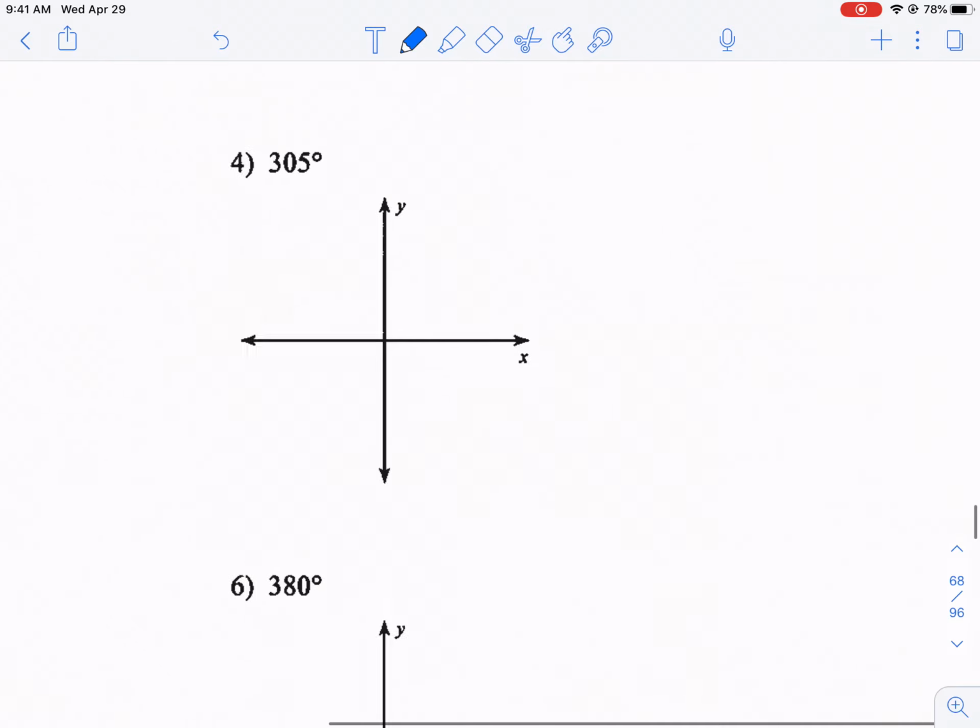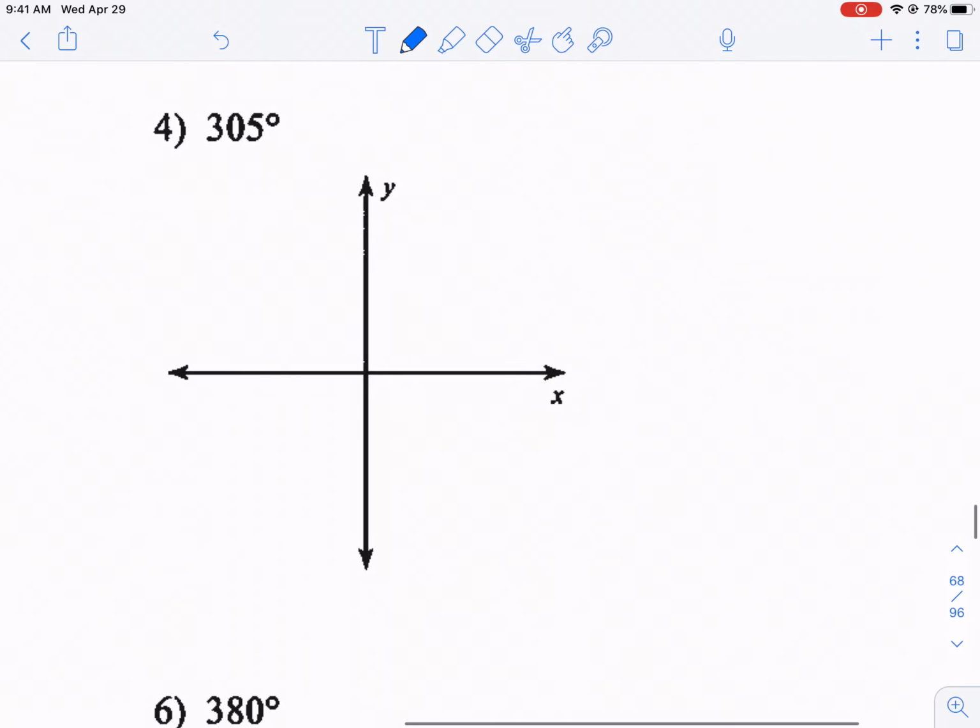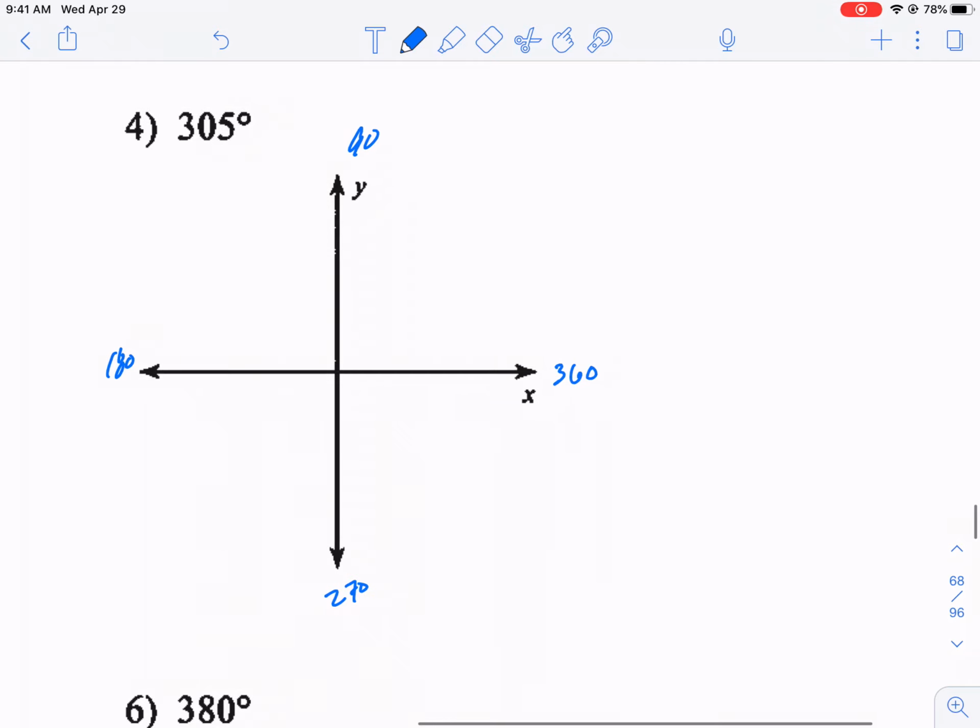Let's do 305. Okay, so again, we've got 90, 180, 270, and if we make it all the way around, that's 360. So I know that I'm bigger than 90, bigger than 180, bigger than 270, so my ray has spun all the way around. It's somewhere in this quadrant over here. We call that the fourth quadrant, but it's not all the way to 360.